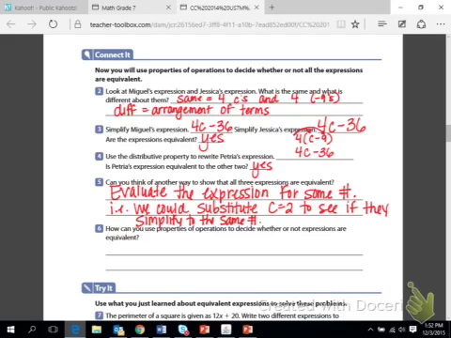Again, I just chose a random number. You could choose any number. It does not have to be 2.